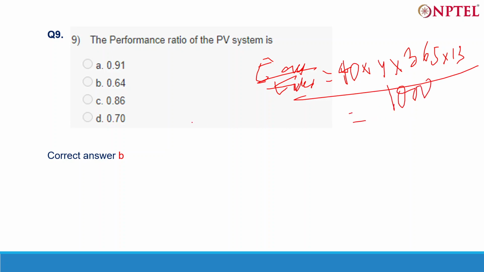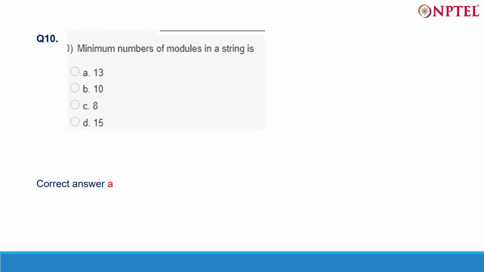Then this will be ideal, then actual, and when you put all those values, the answer will be answer B.